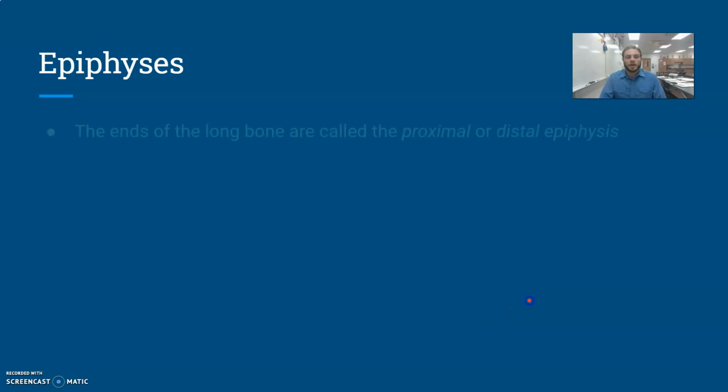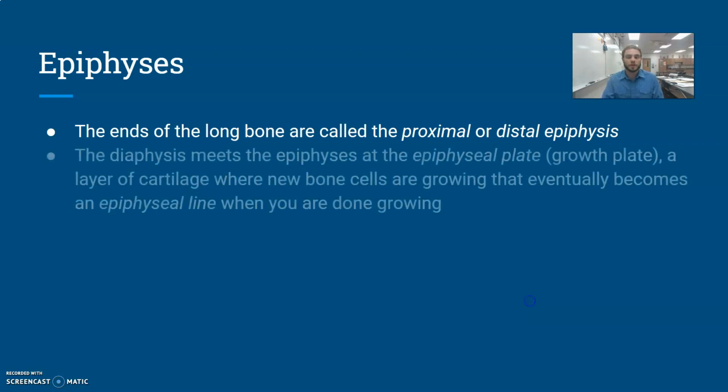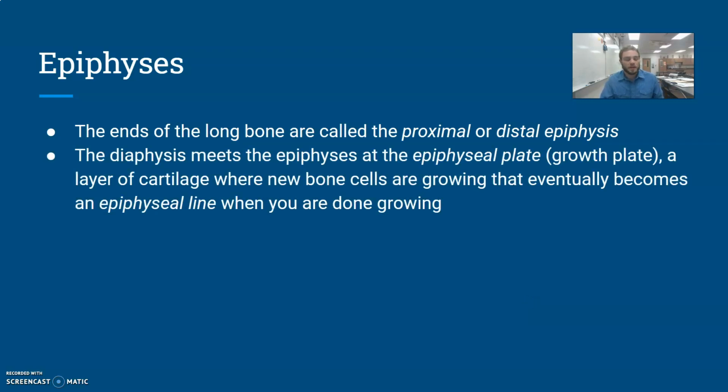When we take a look at your epiphyses, remember, these are the ends of your long bone. One of them is going to be proximal, and one of them is going to be distal. The diaphysis, that shaft, meets an epiphysis at what's called an epiphyseal plate. That's just the fancy term for your growth plate. At that growth plate is a line of cartilaginous cells. I think they're hyaline cartilage, they might be fibrocartilage.